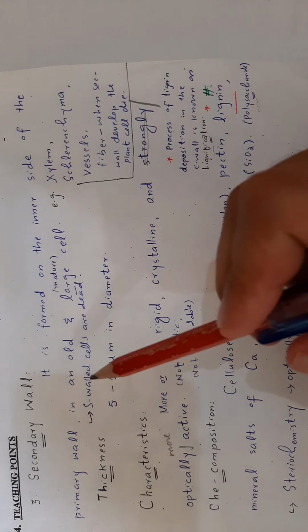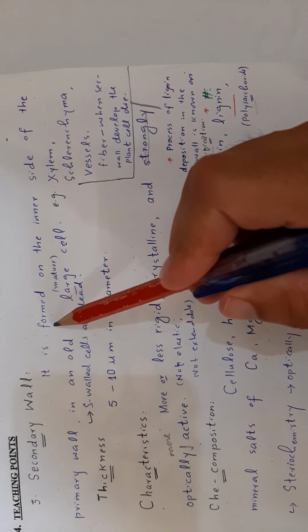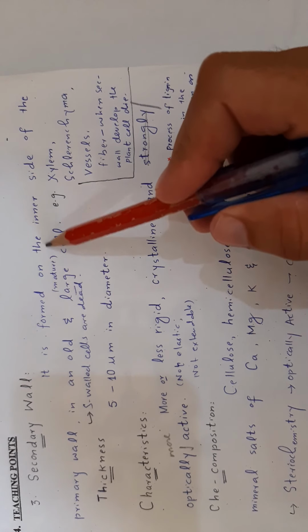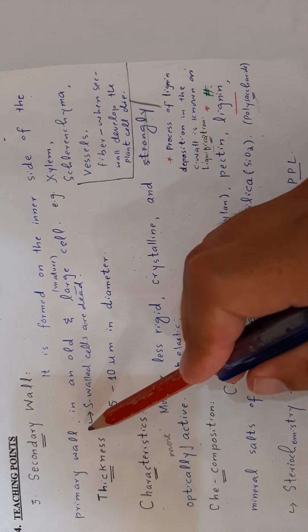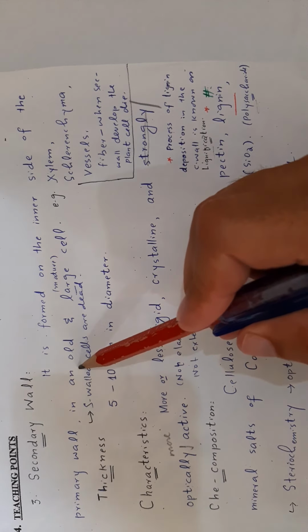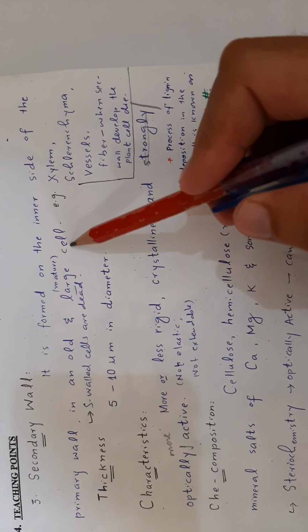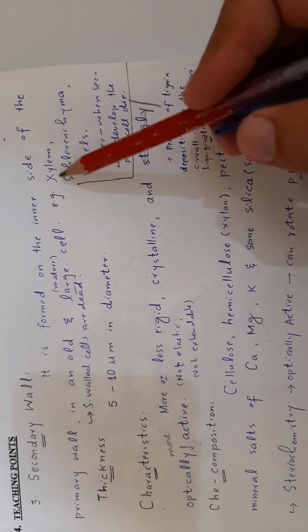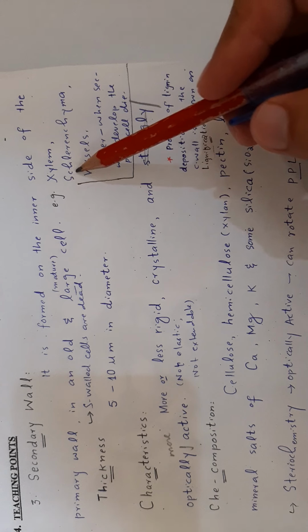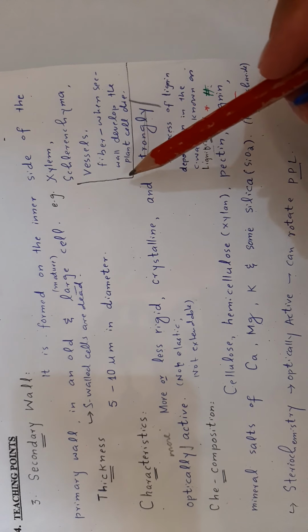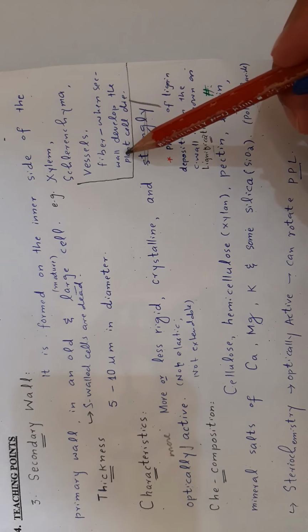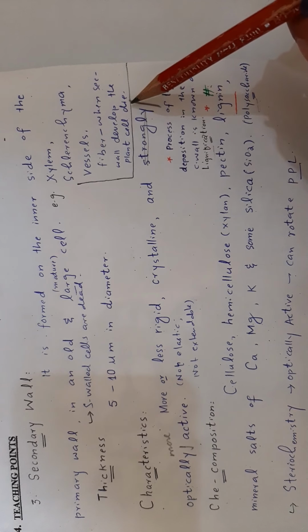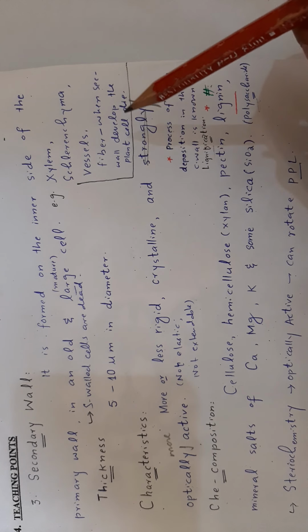Now, secondary wall, it is formed on the inner side of the primary wall in old and mature cells. For example, in xylem cells, sclerenchyma cells, vessels, fibers, and when secondary wall develops, the plant cell dies due to deposition of lignin.